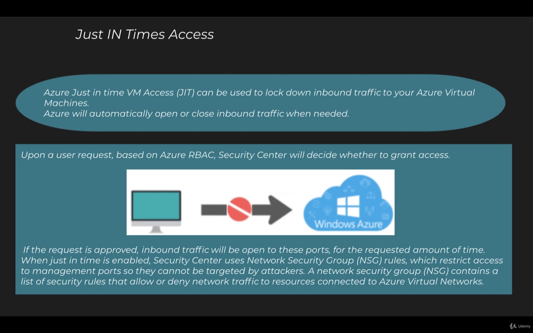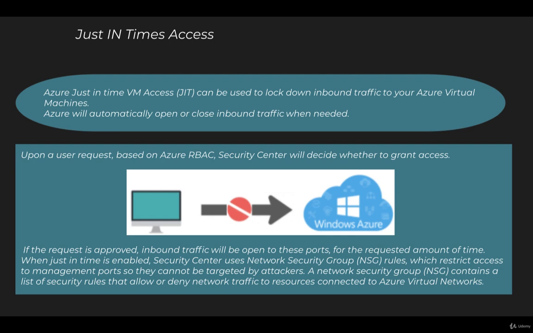If a management port, let's say 3389 or 22, is open, there could be an attack, and that VM or server might get compromised. Microsoft's data field study says that brute force attacks are one of the top ways an IaaS VM can be compromised in the cloud. You can see these in various reports from Gartner or various blogs.